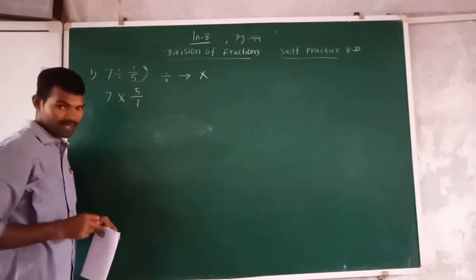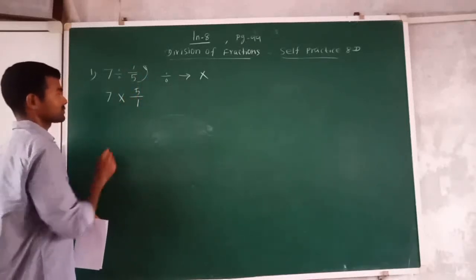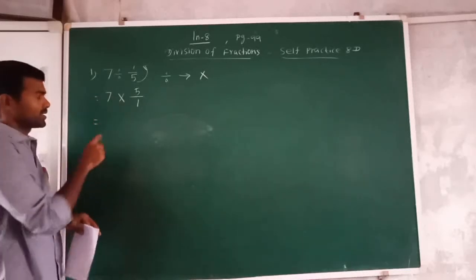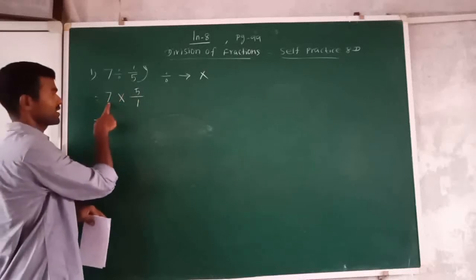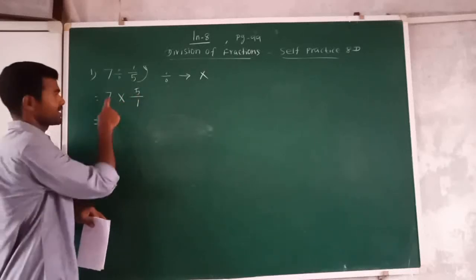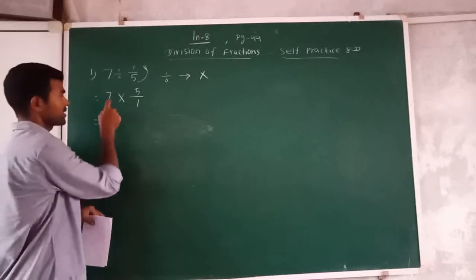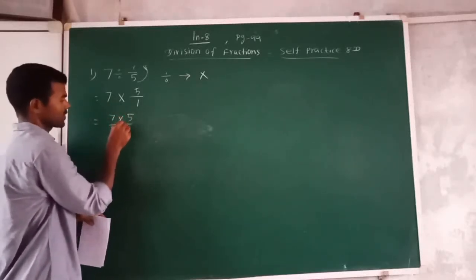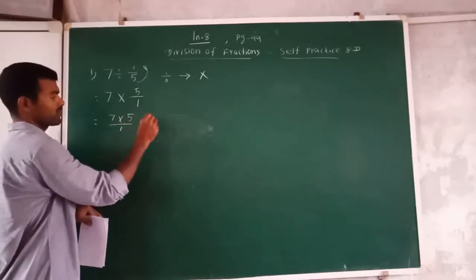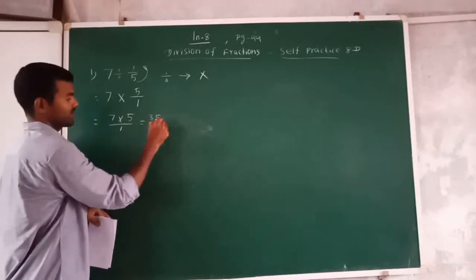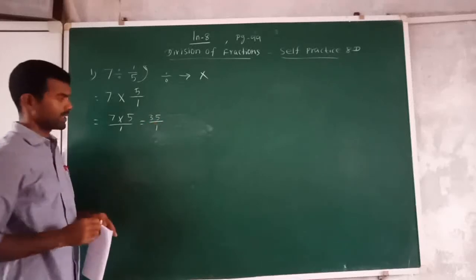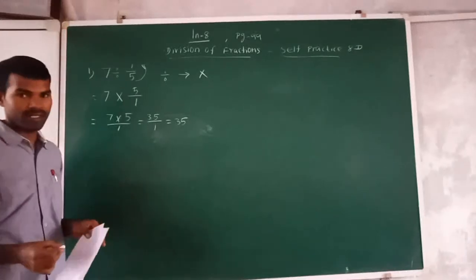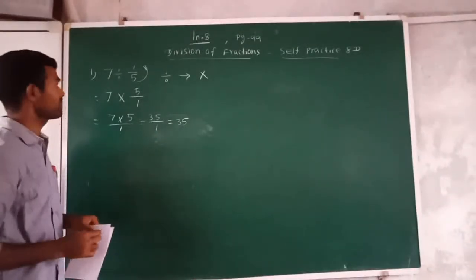Afterwards, multiply the numerators. 7 multiply 5 by 1, how much? 35 by 1. So the answer is 35.